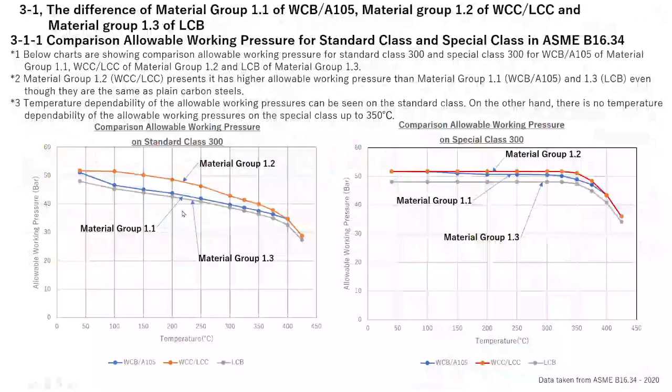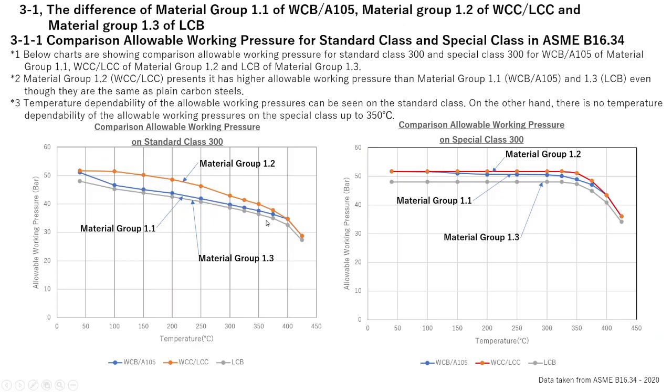This is the standard rating class 300 working pressure temperature curve. This is for the special class. So the working pressure curves are like this.